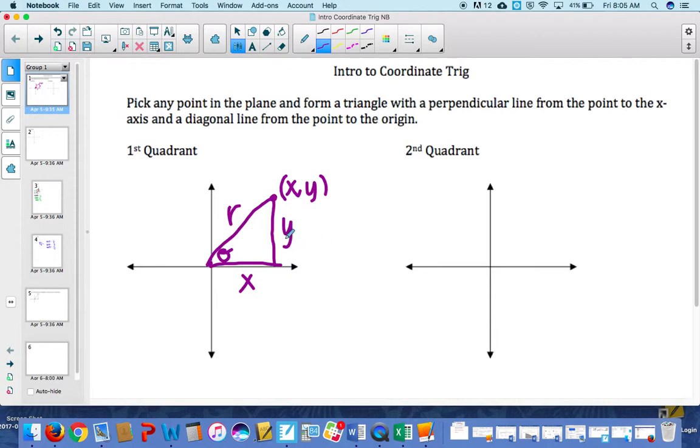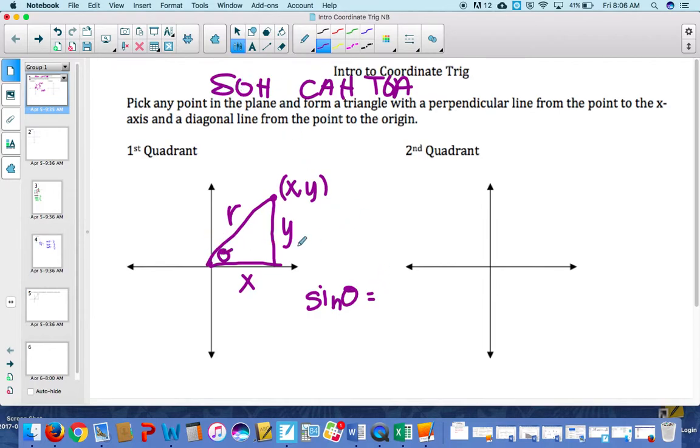So we want to talk about trigonometry in the first quadrant. What would the trigonometry for this triangle look like? The sine of theta, as you know, using SOHCAHTOA, is going to be the opposite over the hypotenuse.